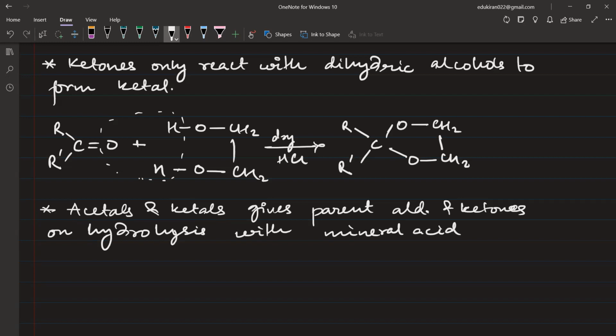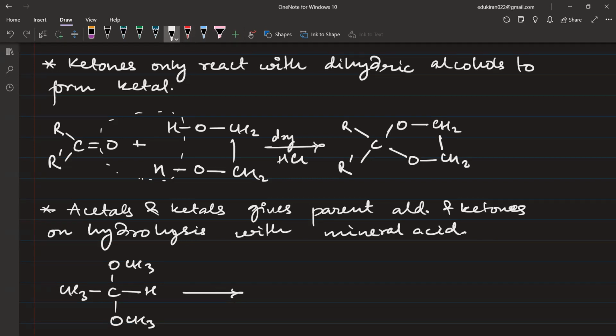mineral acid. Okay, so for example, let us suppose something like this: CH3, OCH3, OCH3, and here you have hydrogen. This compound has been made from aldehyde. How can I know that?